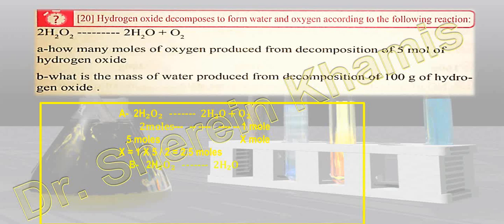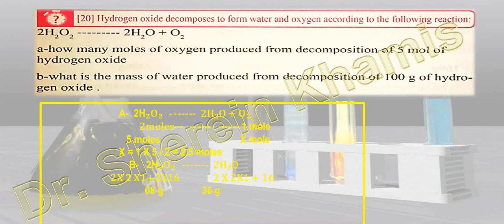The other one, part B: what is the mass of water produced from the decomposition of 100 gram of hydrogen peroxide? Here we have 2H2O2 to get water, 2H2O. At first we calculate the molar mass of each one, including the number of moles.